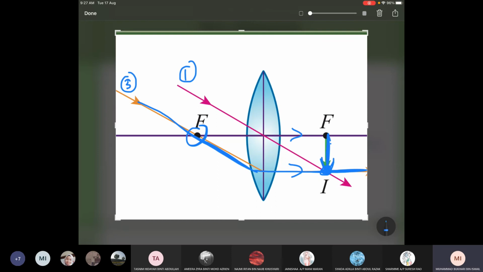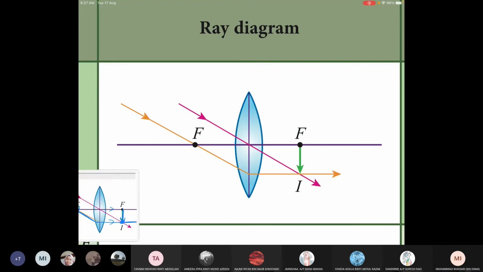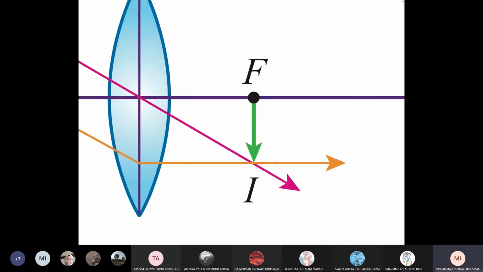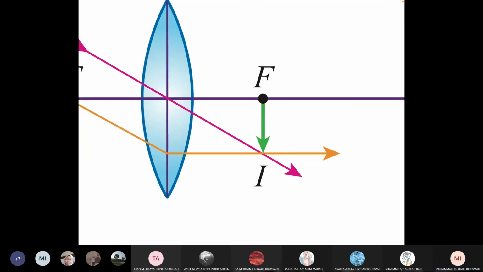You can see we have an inverted arrow. You need to pay attention. The green arrow is the image formed.